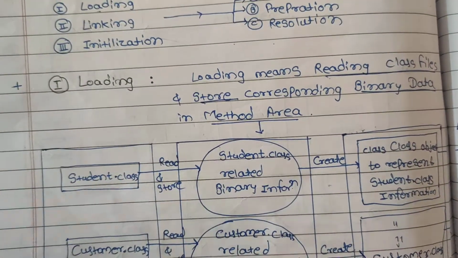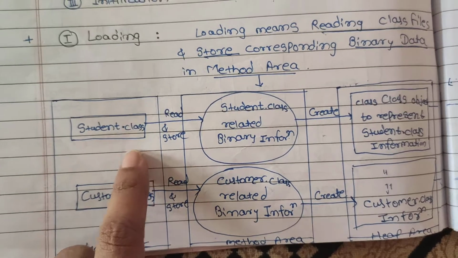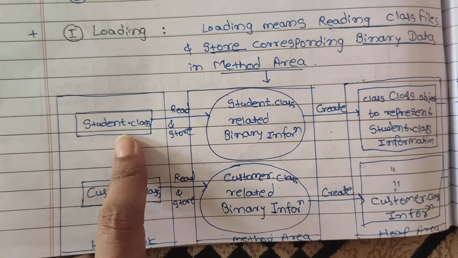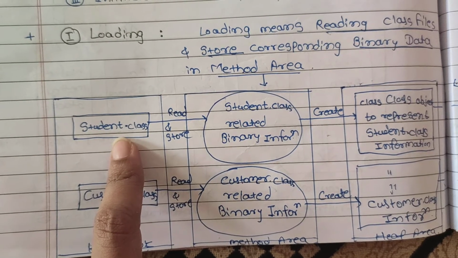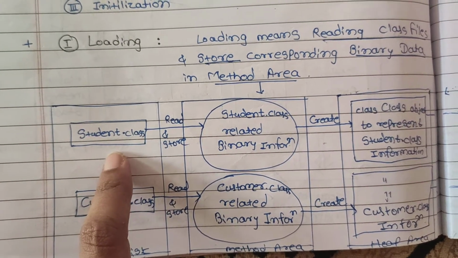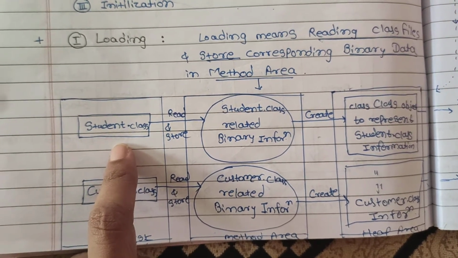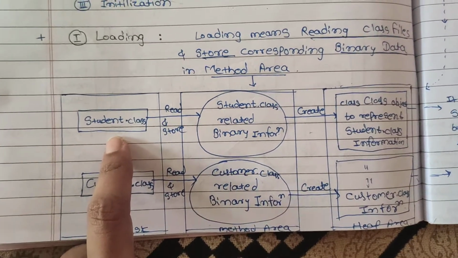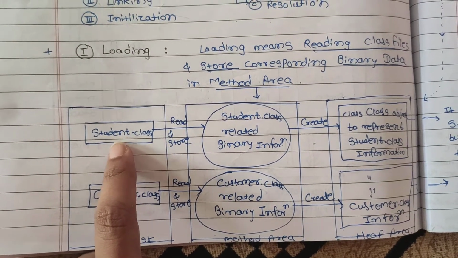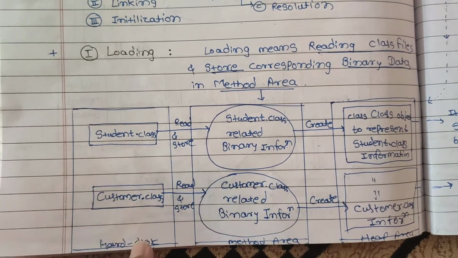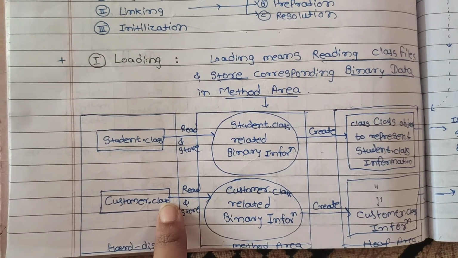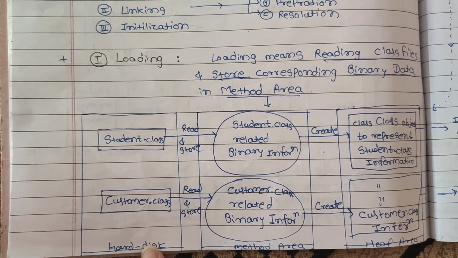Here in the diagram, these are the .class files. Your student.java file will get converted into a student.class file after compiling. So what our class loader subsystem will do is read this student.class file, or any .class file, from the hard disk.